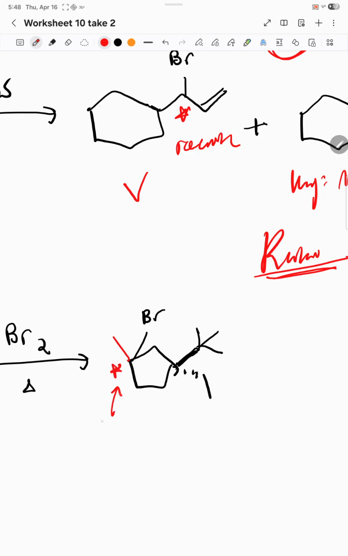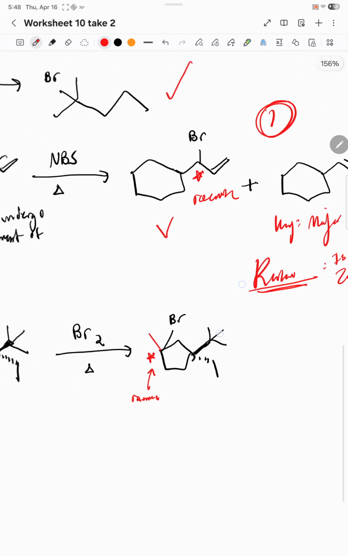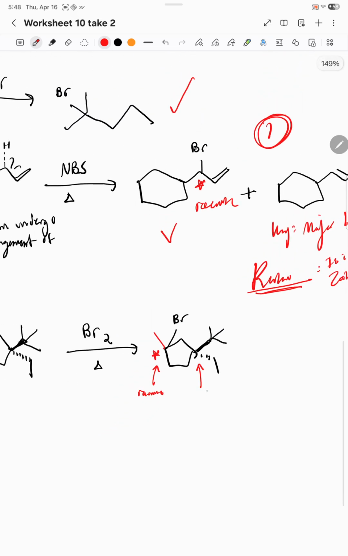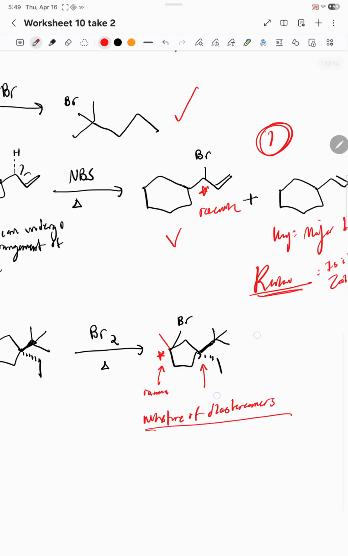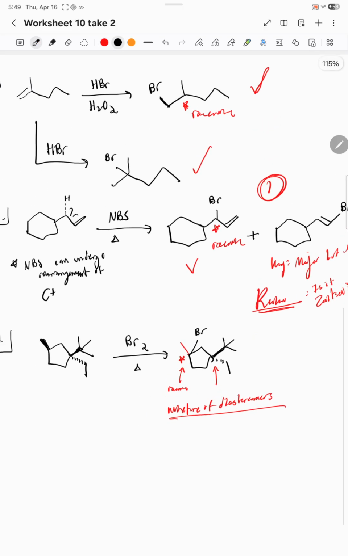We get racemic here. But note, nothing about the stereochemistry here changed. So we get a mixture of diastereomers. That seems to be the answer. Now, should we move on?